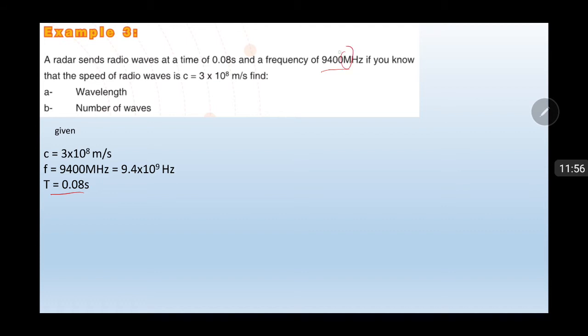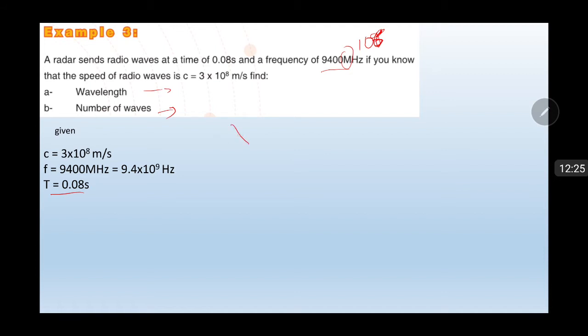Carefully, mega means 10 to the power 6 hertz. If you know that the speed of radio waves, the speed of light, equals 3 multiplied by 10 to the power 8 meter per second, find the wavelength and find the number of waves.